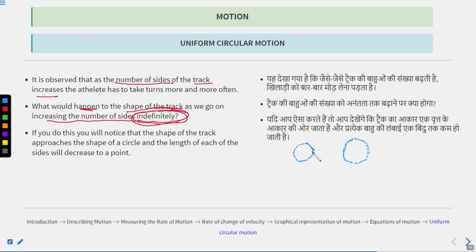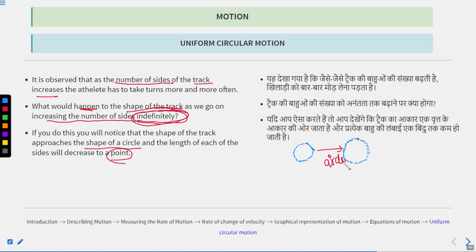That shape will approach a circle. If you do this, you will notice that the shape of the track approaches the shape of a circle, and the length of each side will decrease to a point. So a point will become a side and the shape will become a circle.